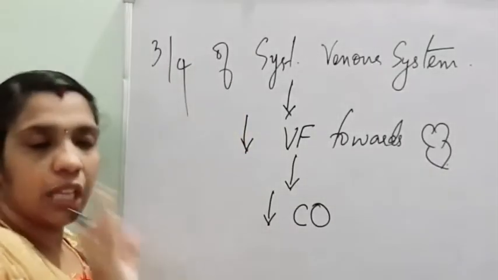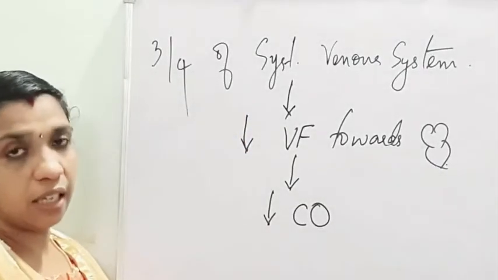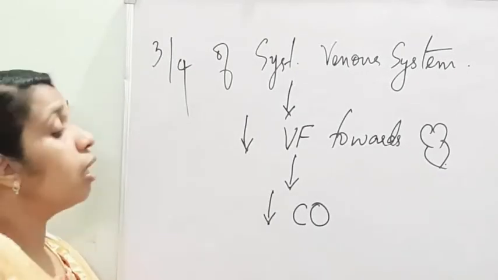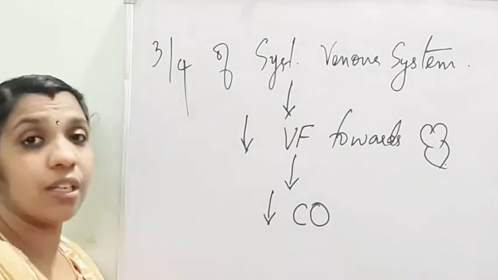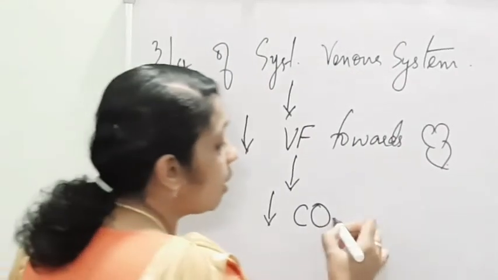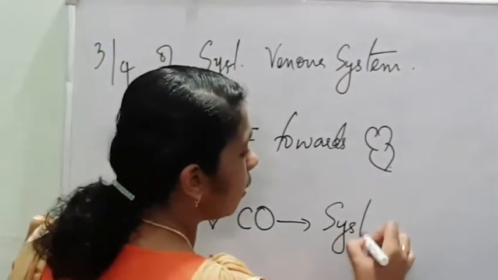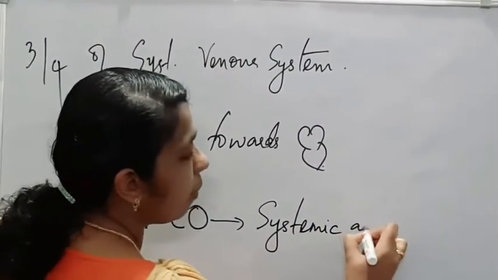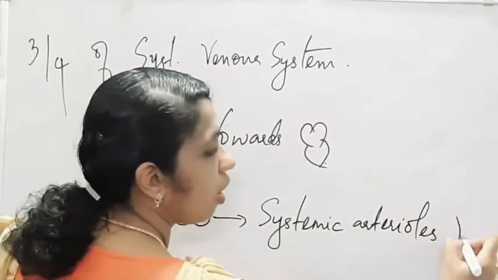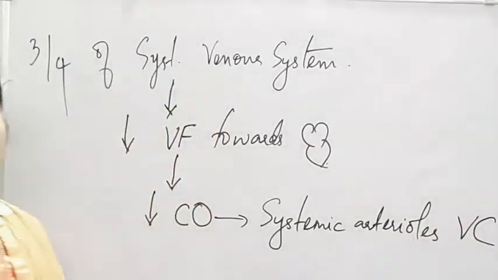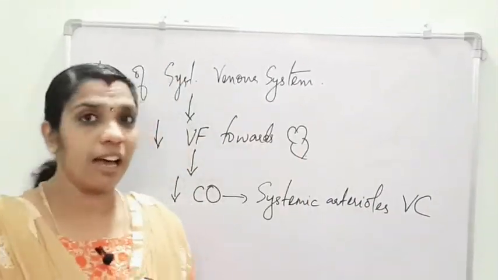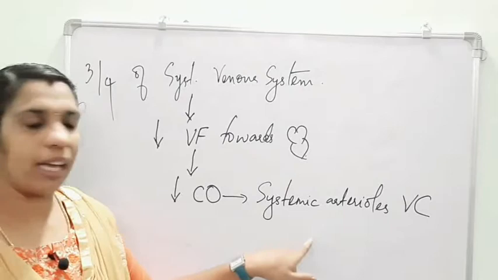So 3/4 of the blood is in the venous system, and when there is reduced venous return, there will be reduced cardiac output. Suddenly the systemic arterioles normally cause vasoconstriction. When there is vasoconstriction, more blood will be reaching the heart. So this is the normal mechanism.